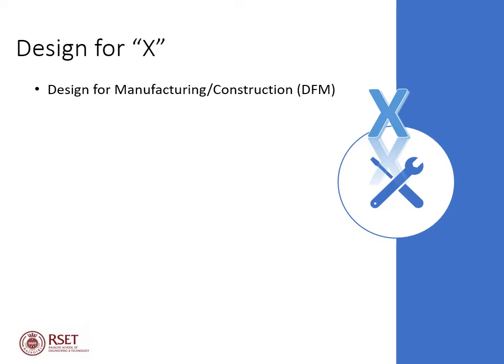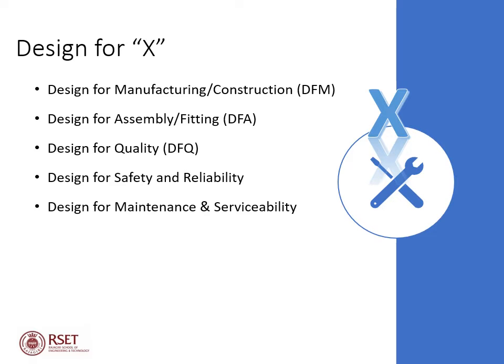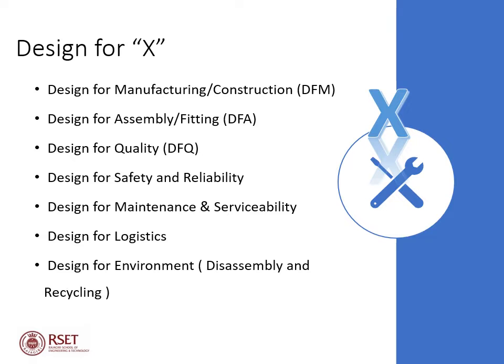First X is design for manufacturing or construction. Then design for assembly or fitting, DFA, design for quality, DFQ, design for safety and reliability, design for maintenance and serviceability, design for logistics, design for environment, that is disassembly and recycling.